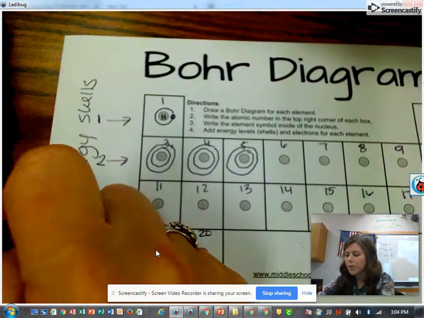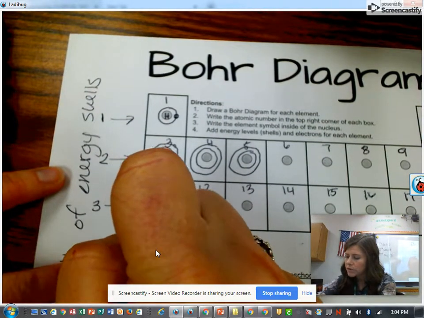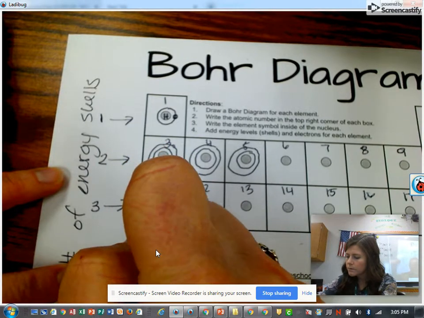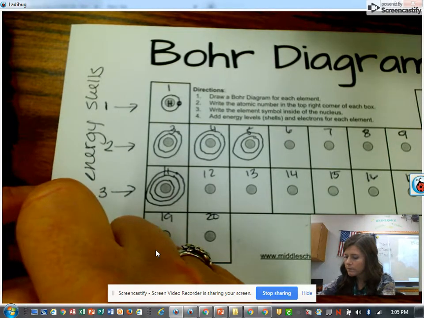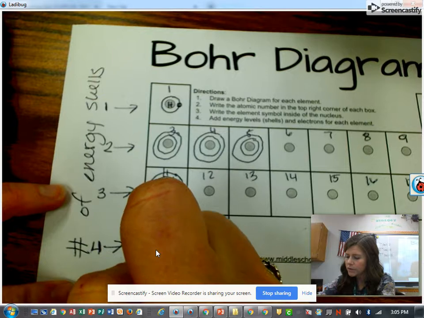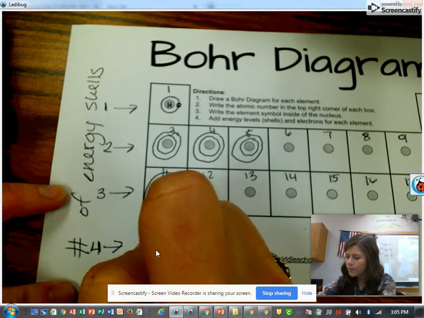Period 3 tells us that we would need 3 energy levels, so we draw 3 circles. Period 4 tells us that we need 4 energy levels. 1, 2, 3, 4.